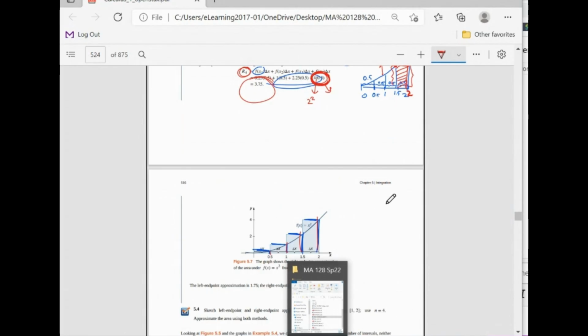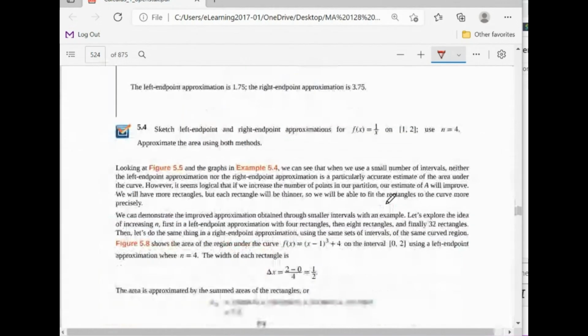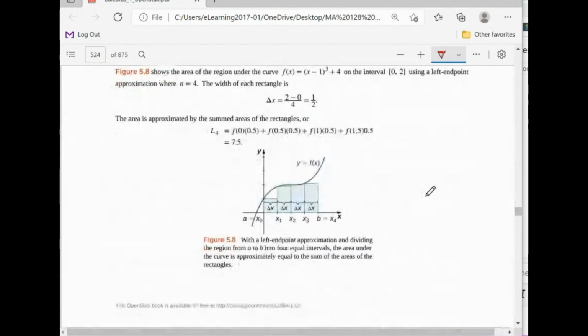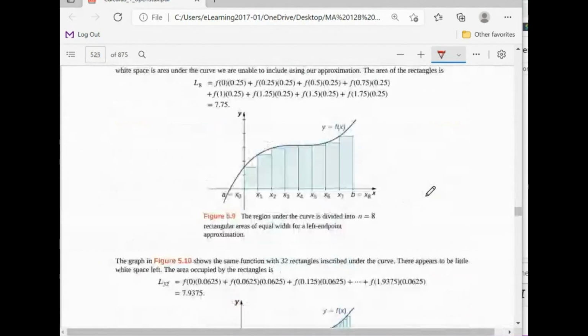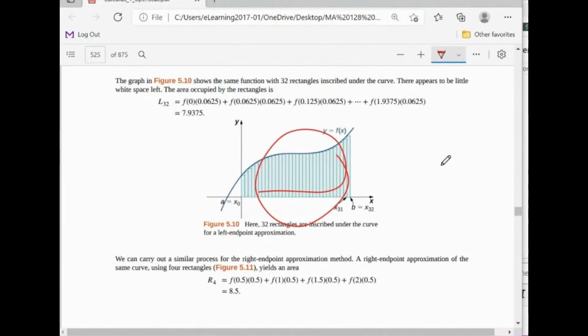Here we just use 4 rectangles, but if you keep increasing the number of rectangles, both approximations will reach the same limiting value. So the more rectangles you have, the better the approximation.